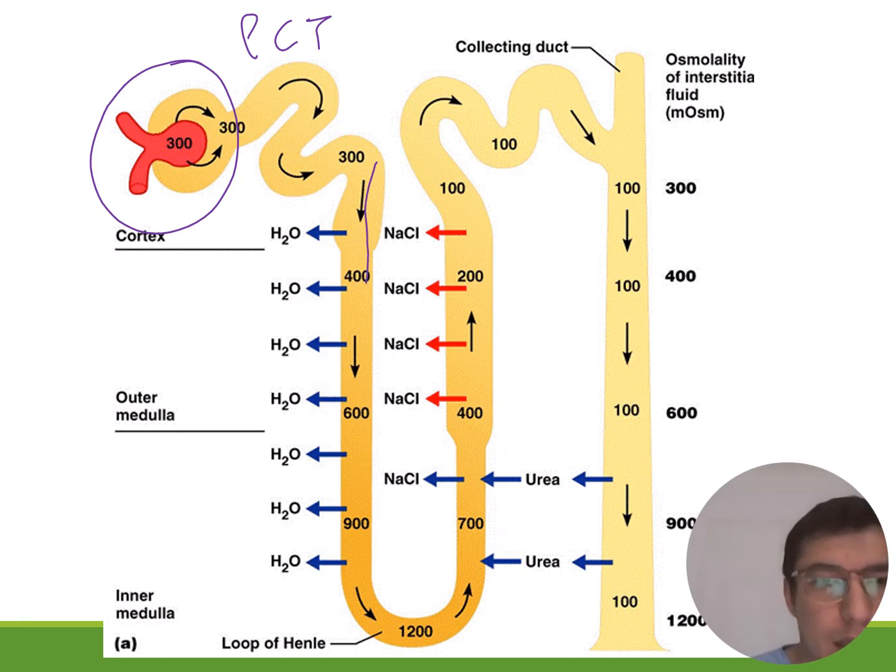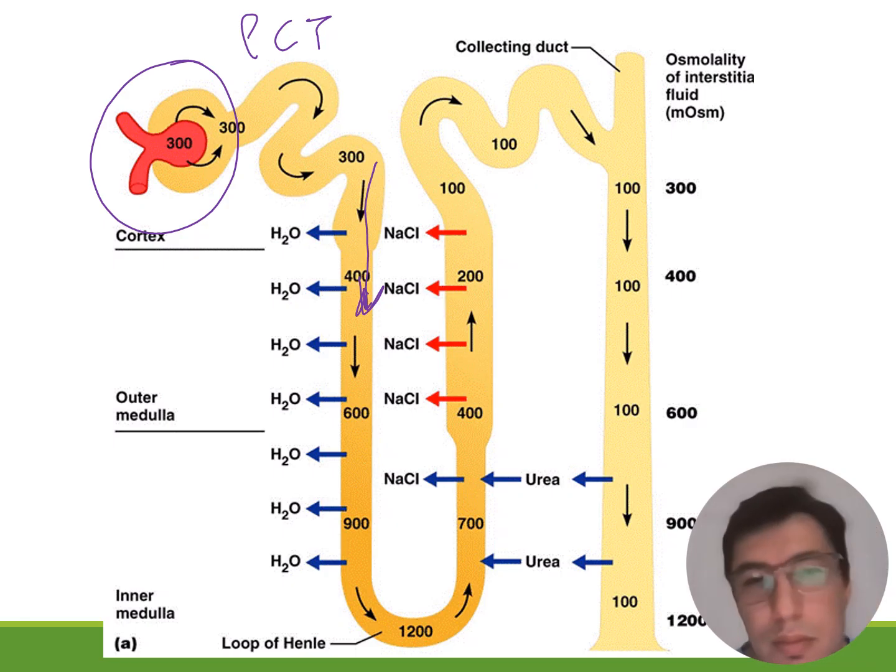What is entering the descending limb, you can see that the concentration within that descending limb is increasing, increasing, increasing, and that is because we're getting rid of water. That membrane in the descending limb is permeable to water.